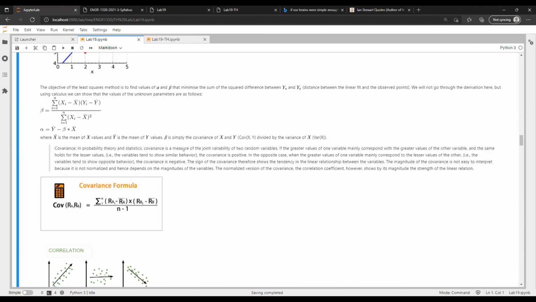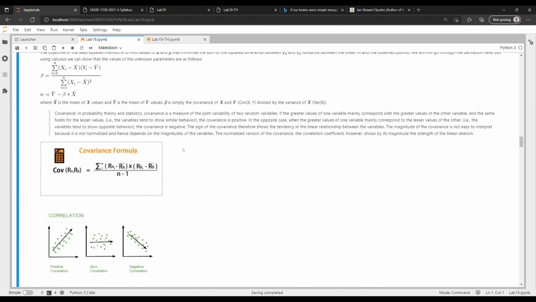So the outcome you're getting is affected. So we can talk about what the covariance is in the sense that it will tell us how things are correlated, if they're even correlated at all.